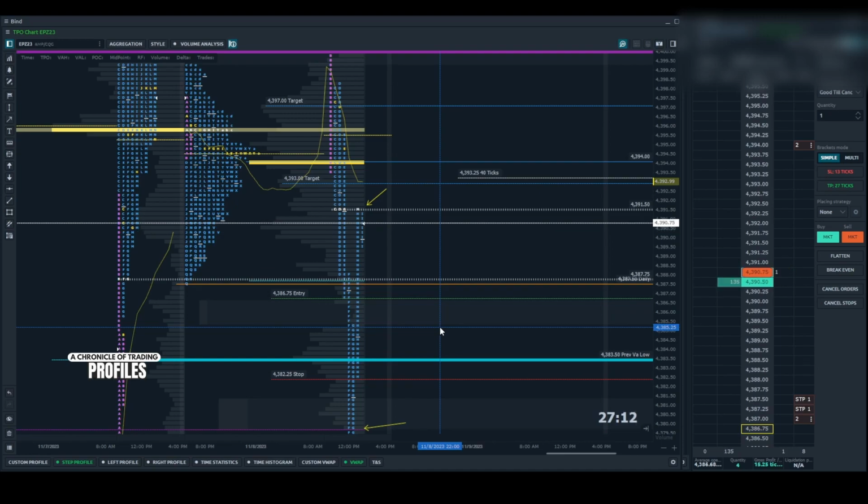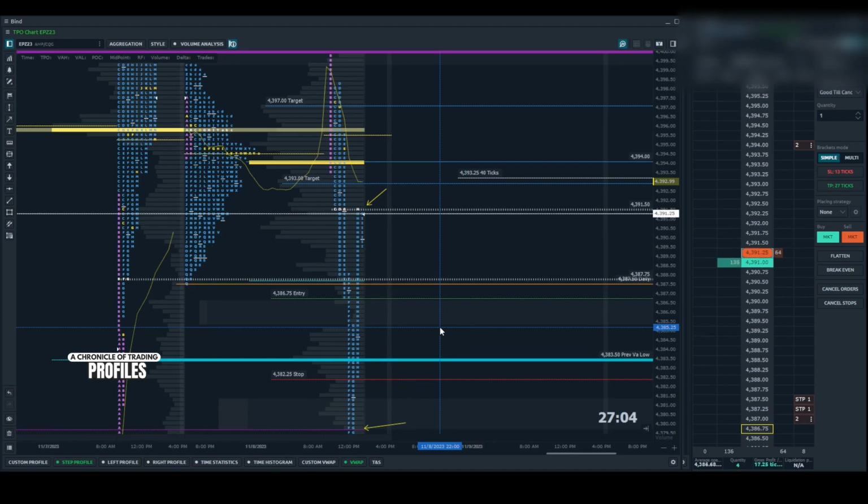Eyes pulling back just a little bit. Taking another run at that H. Right to it.